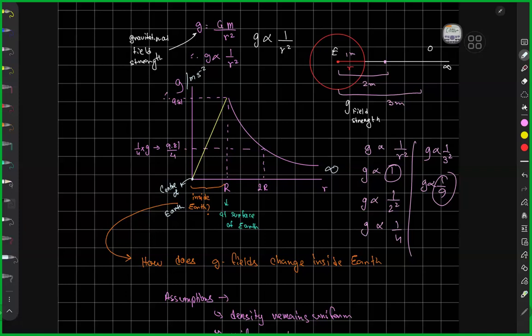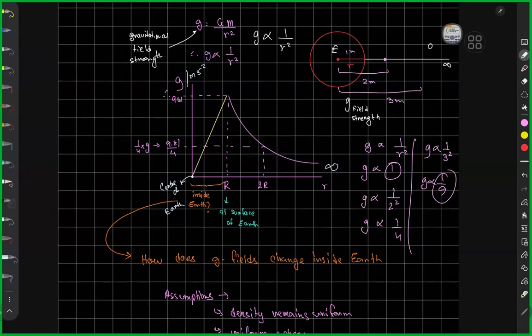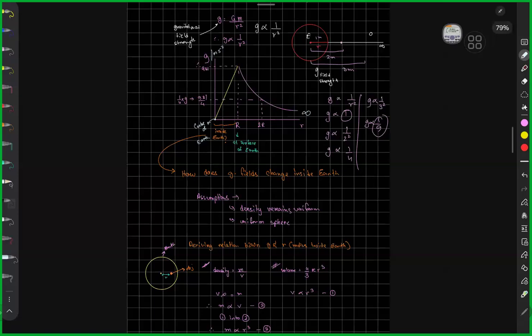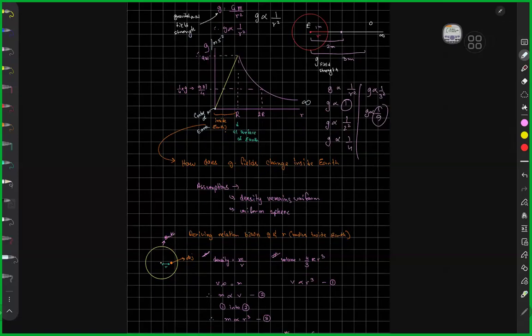Good. Now what I want to show you guys is what happens from the center of Earth till the surface. So inside the Earth. This is interesting. And this is rather not new syllabus, so I will still teach this. I feel like it's important to know how to manipulate equations.